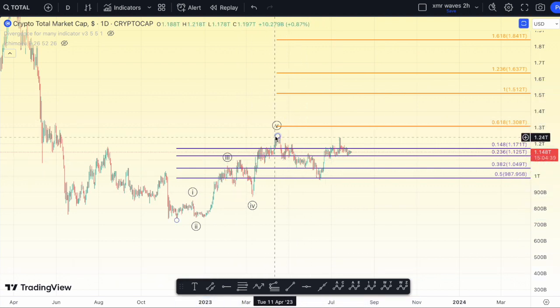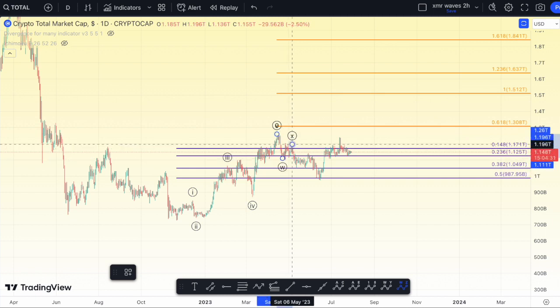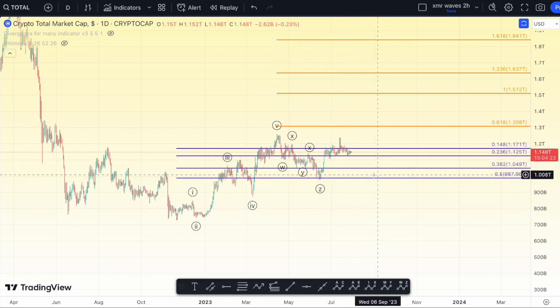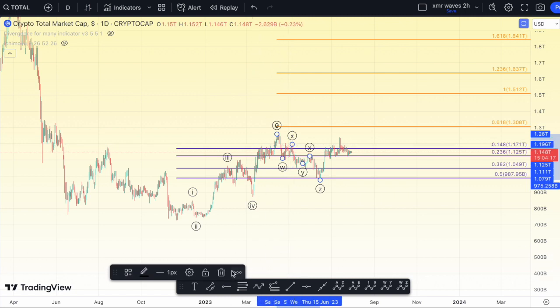In terms of this structure, we can see another complex W, X, Y, X, Z. So it satisfies both guidelines, both in terms of this structure and the fib level. So we're all good right here.